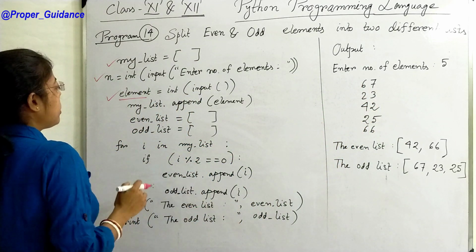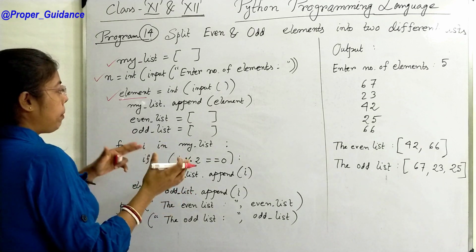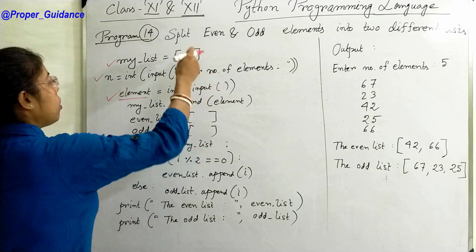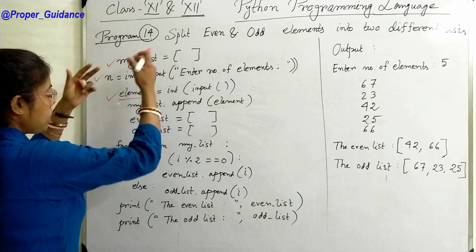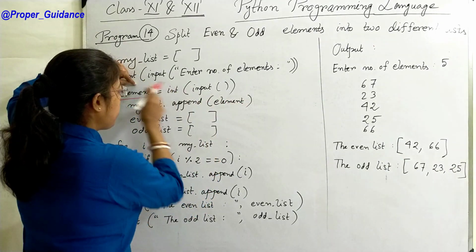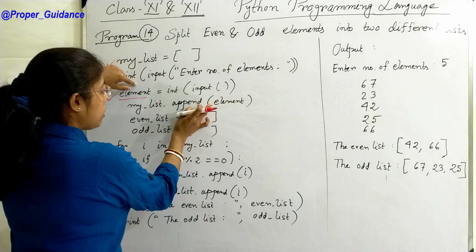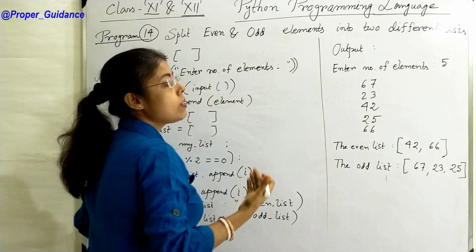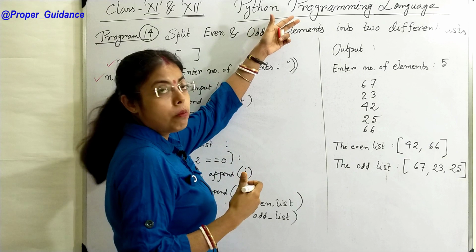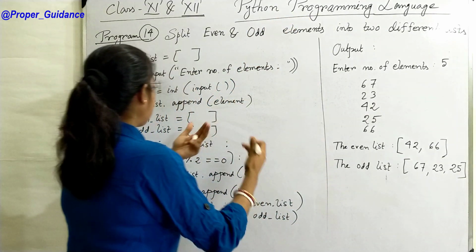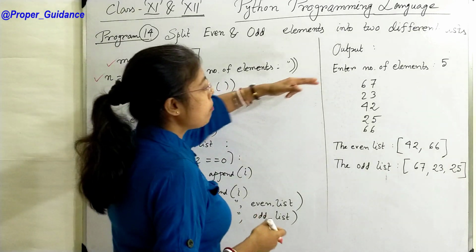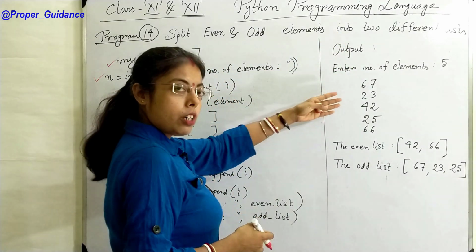After that, we will append those elements in the given list, that is, my list dot append element. This element variable is passed in this append. Append is an inbuilt method in Python to add something to the given list, and we are appending all the elements taken by the user input.